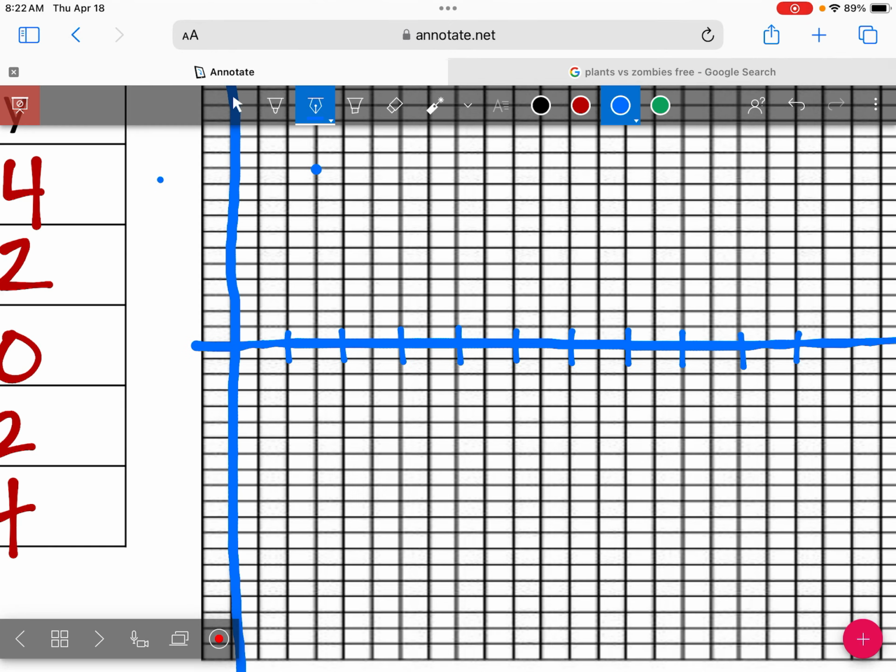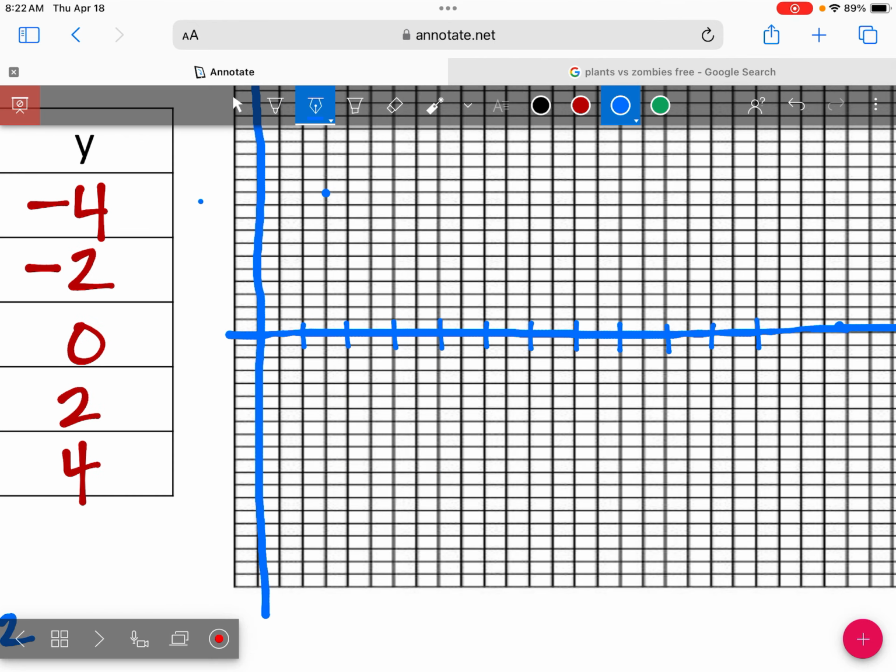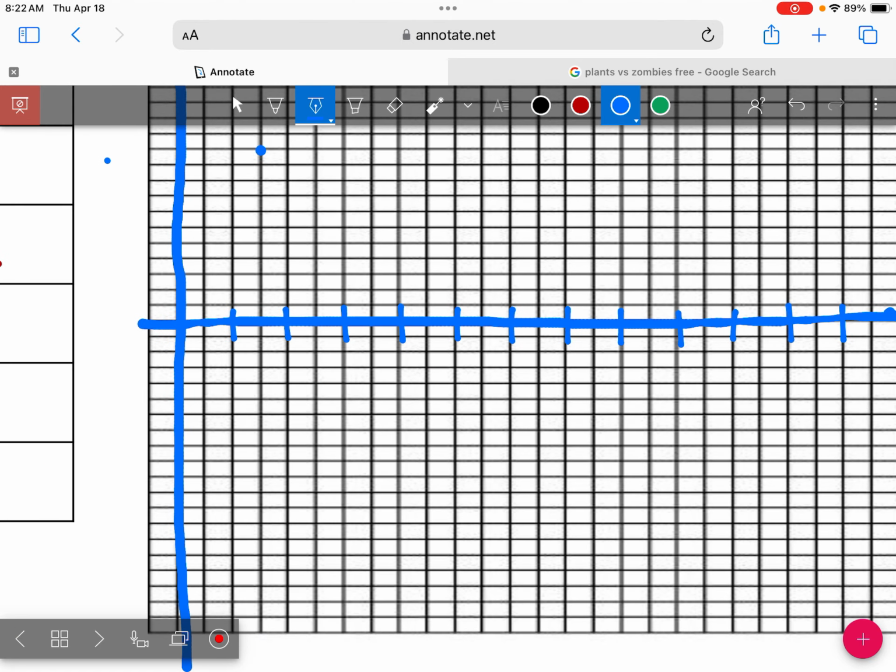But you can do it whichever way makes sense for you, because essentially you're just graphing your 5 points. So this is 1, 2. That's how I scale mine.